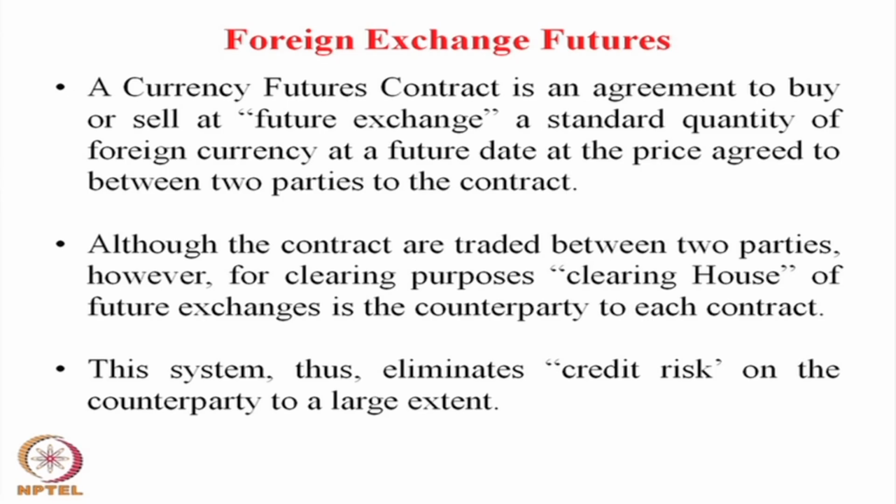But here the buyers and sellers do not know each other. The exchange acts as the intermediary between the buyer and seller and provides the counterparty guarantee. In the event of the buyer or seller not adhering to the contract, the exchange will bear the losses, and there is no credit risk in the case of a futures contract.